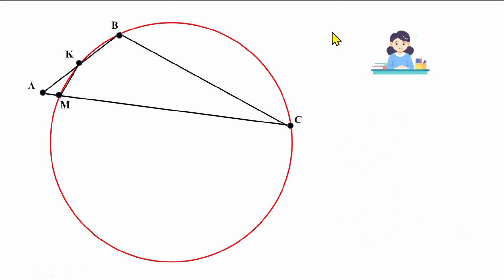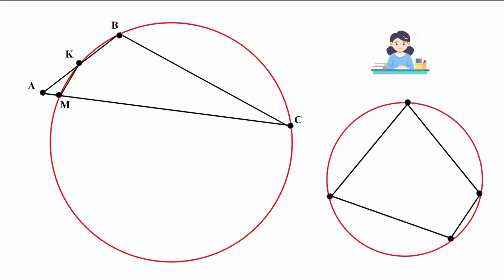Now I would like to remind you about the property of a quadrangle inscribed in a circle. I took an arbitrary quadrangle and an arbitrary circle. There is a property that the opposite angles in such a quadrangle are supplementary, so the sum of these angles equals 180 degrees.